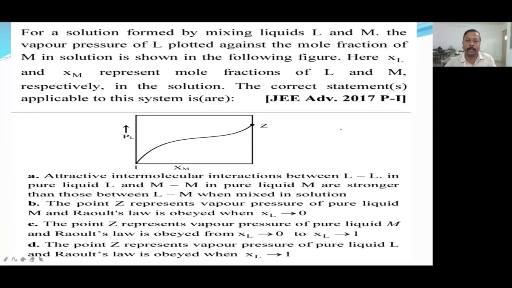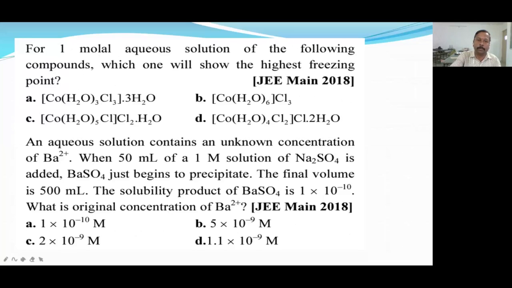Okay, delta TF must be lowest to have the freezing point highest. So delta TF lowest means i should be lowest.